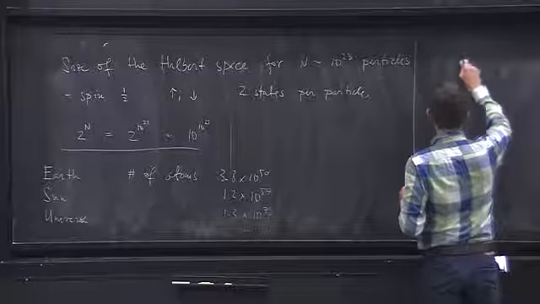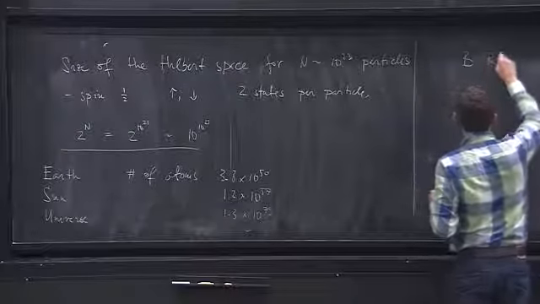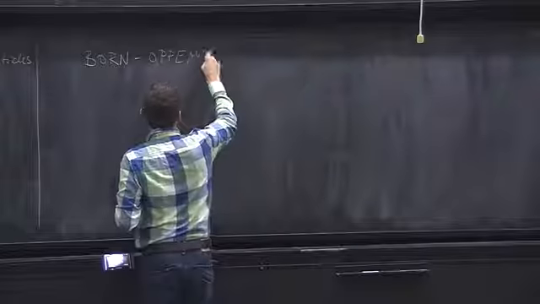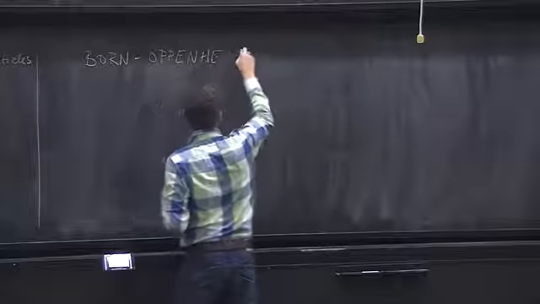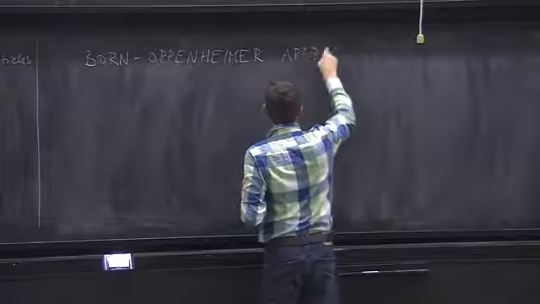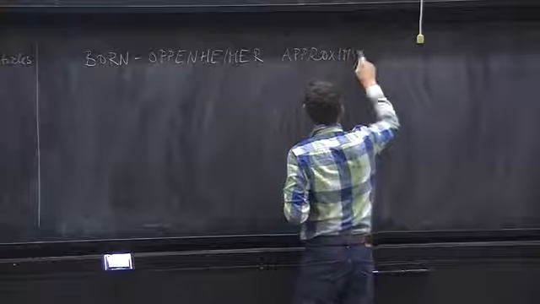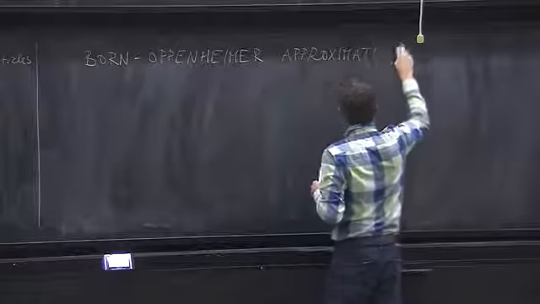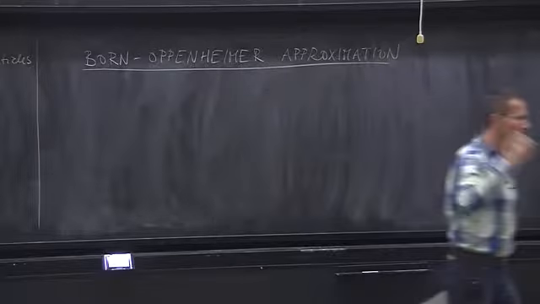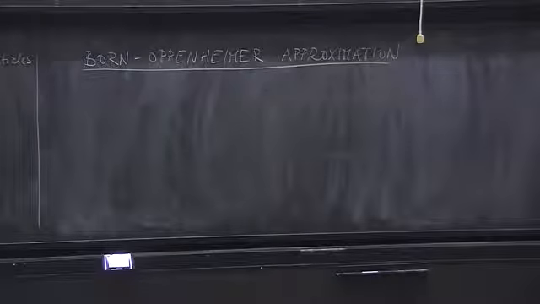Okay, so what I'm going to start with is the so-called Born-Oppenheimer approximation. This was developed a long time ago, in the early days of quantum mechanics, back in the 30s, where people started pondering precisely this Hamiltonian.